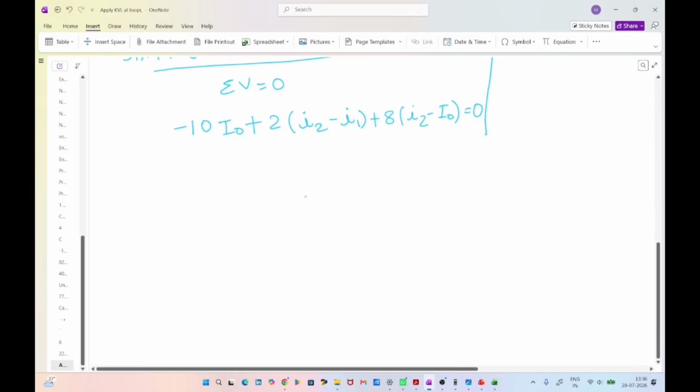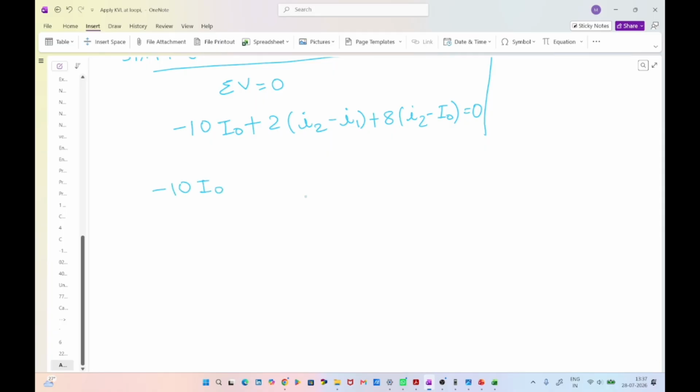Let's simplify this. Minus 10 I naught, and then plus 2 I2 plus 8 I2, that is plus 10 I2. Here it is minus 2 I1, and here it is minus 8 I naught, equal to 0.